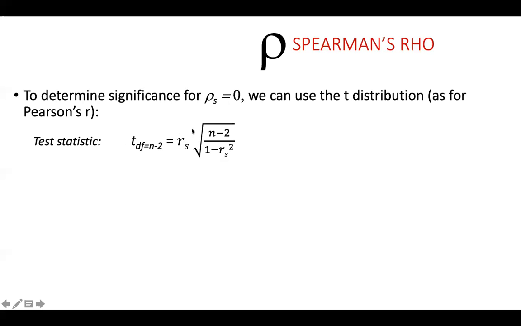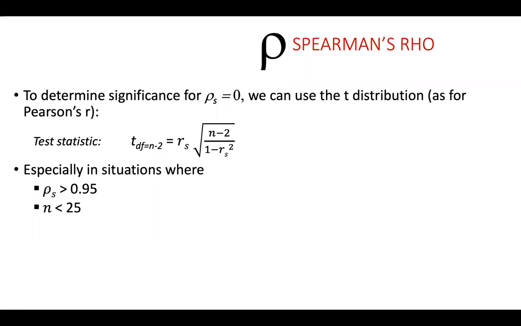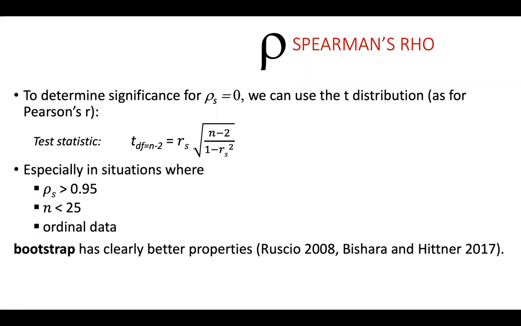Again, this is our sample statistic, RS, and we are just multiplying with the square root of this term here, which is the reciprocal of the standard error for the test statistic. Okay, in most cases, and we will have an example later today.